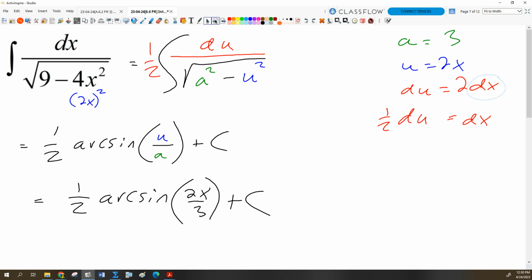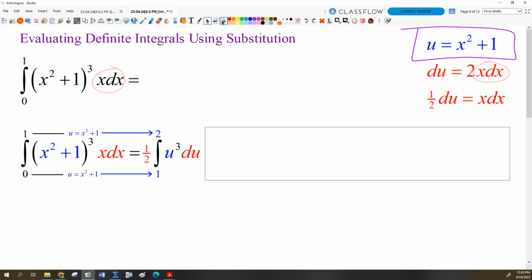Everybody see that? So I have to reverse the substitution because my answer is going to be a function of x, right? So I've got to get back to x's. But when I'm dealing with a definite integral, my answer is just a number. It's an area under a curve. So there's no reason for me to go back to x's. I could, but why would you?